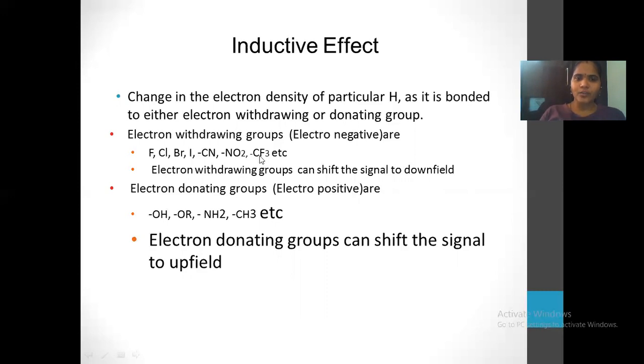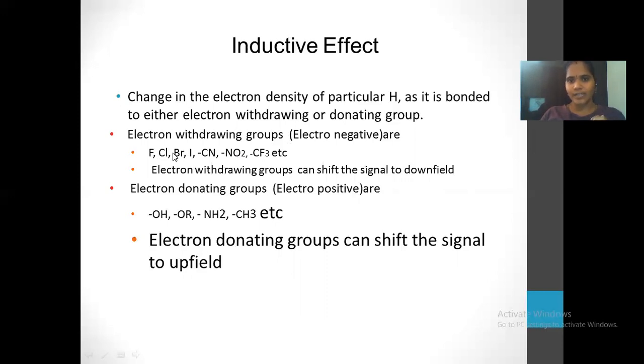And suppose there are a few electron withdrawing groups which are highly electronegative, like fluorine, chlorine, bromine, iodine, or CF3, or any positive ions. Such groups can attract electrons towards them. They can withdraw electrons from the proton, so obviously the electron density around the proton will be reduced.